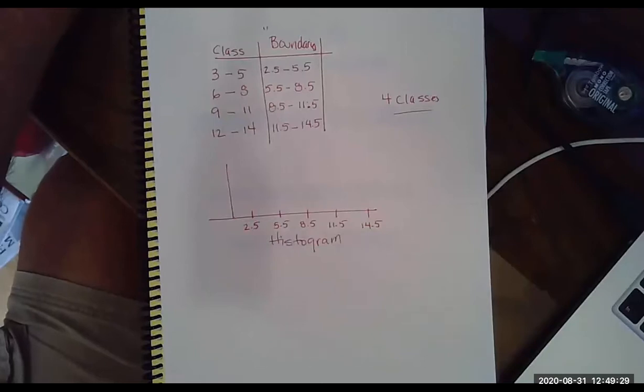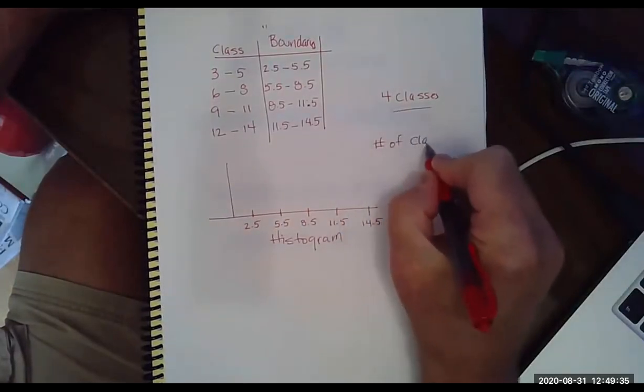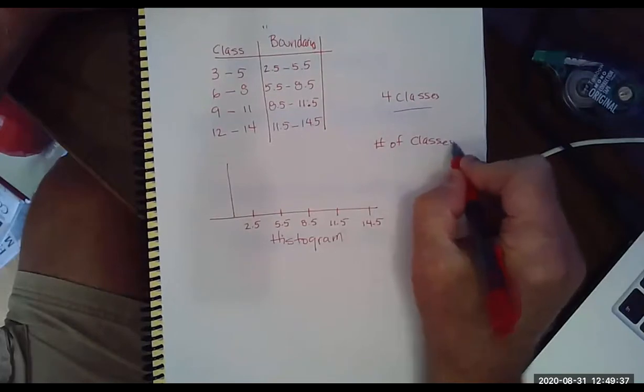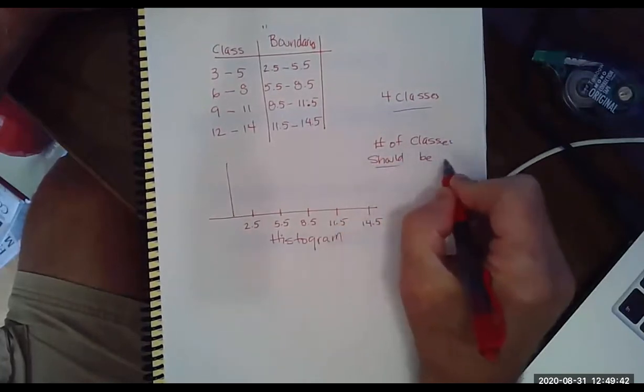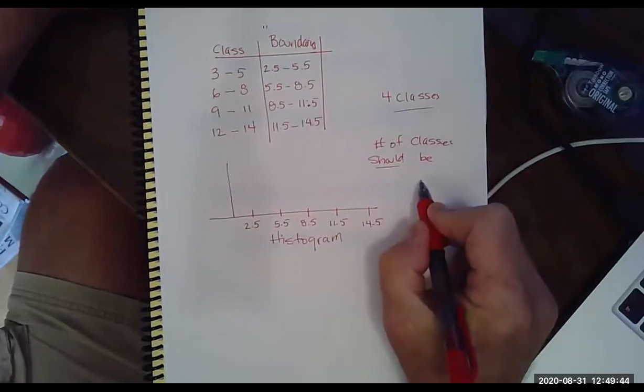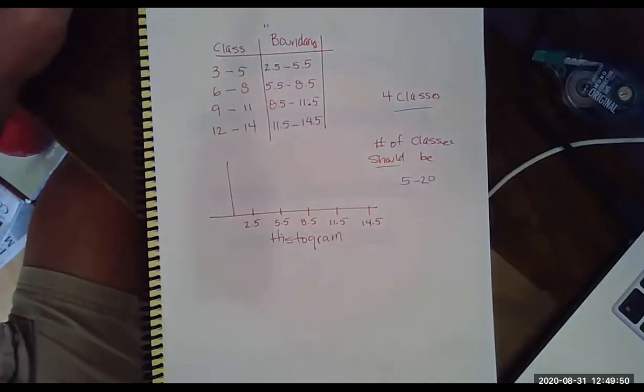It's in my packet too. Wasn't it 5 to 20? It's exactly right. Okay, so I'm just doing 4 just because of time.